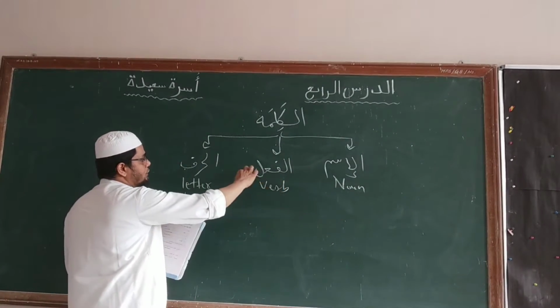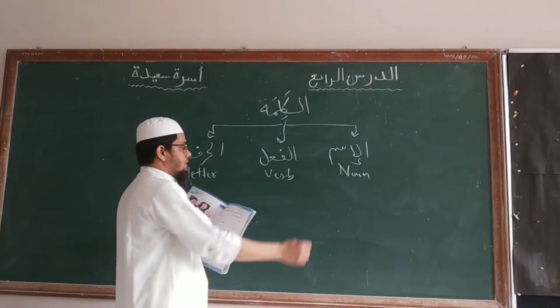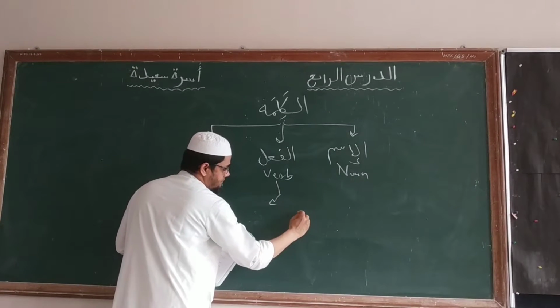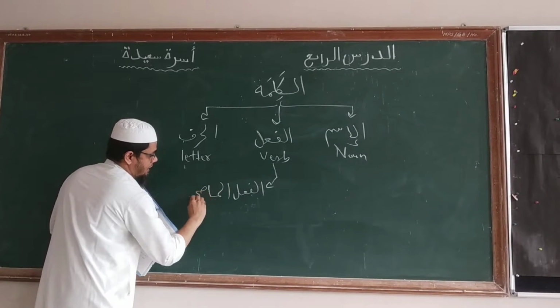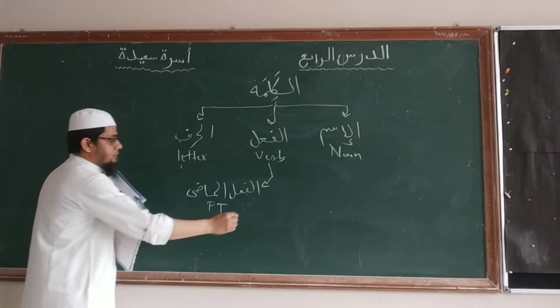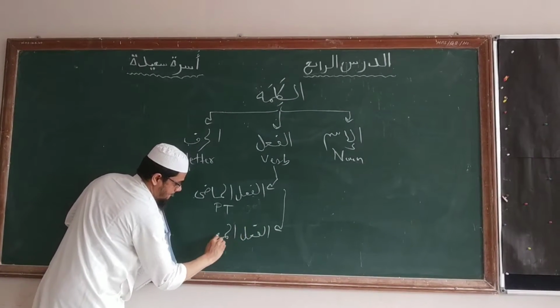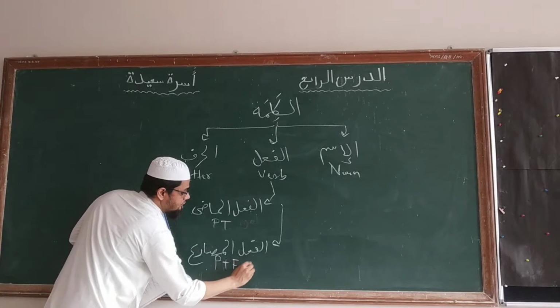So now we are going to learn about verb. Verbs are 4 types. Number 1, al-fi'lul madhi, means past. Number 2, fi'lul mudhari, means present plus future tense.